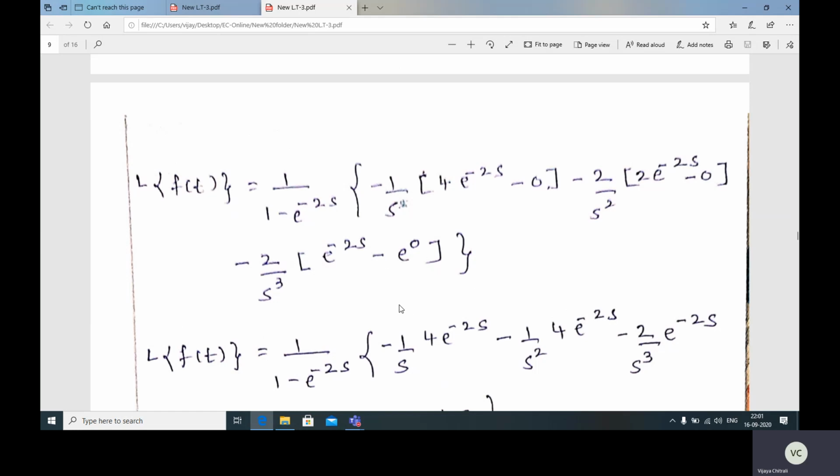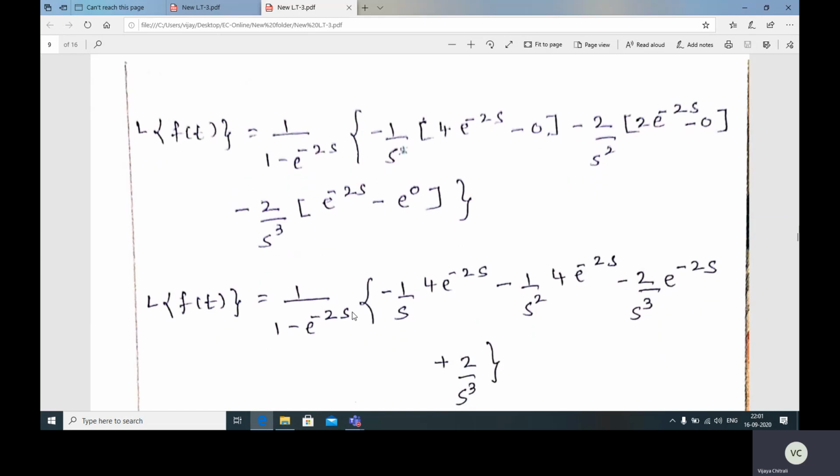And what will be the common here? Simplify that before that. So 1 divided by 1 minus e raised to minus 2s, minus 1 by s 4 e raised to minus 2s, minus 1 by s square 4 into e raised to minus 2s, this minus 2 by s cube e raised to minus 2s. This minus into minus is plus, right?